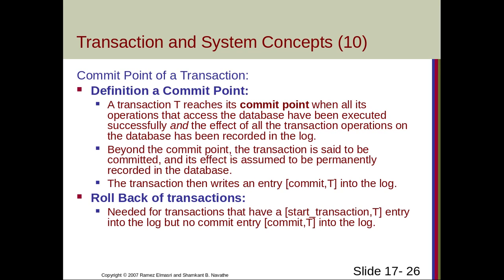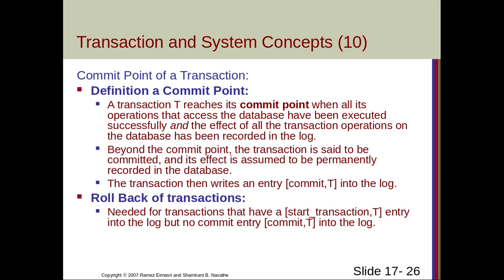That means the commit point of a transaction is reached when all the read and write operations of that transaction are completed, and then you can commit it. Commit means that if you have successfully committed that transaction, it is permanently recorded in the database, so after that you cannot roll back.